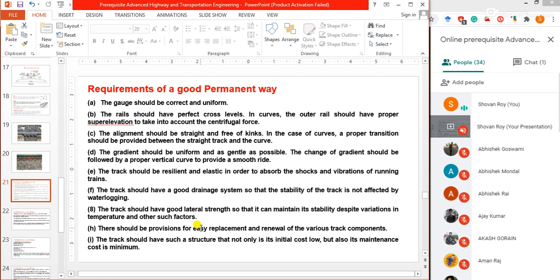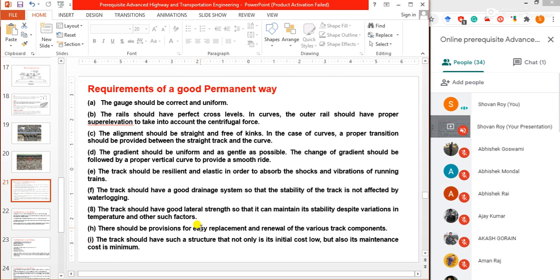The track should have a good drainage system so that its stability is not affected by waterlogging. For that purpose we have to provide good ballast on the formation. The track should have good lateral strength so that it can maintain its stability despite variations in temperature and other such factors. There should be provisions for easy replacement and renewal of the various track components.